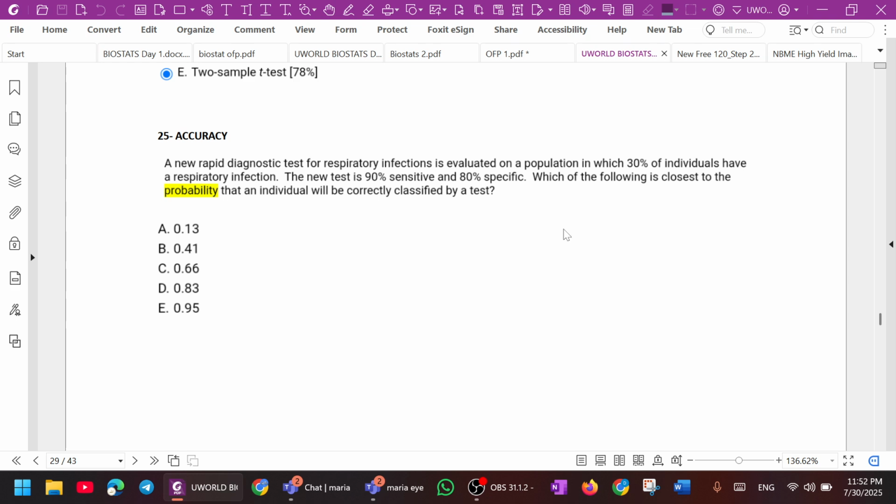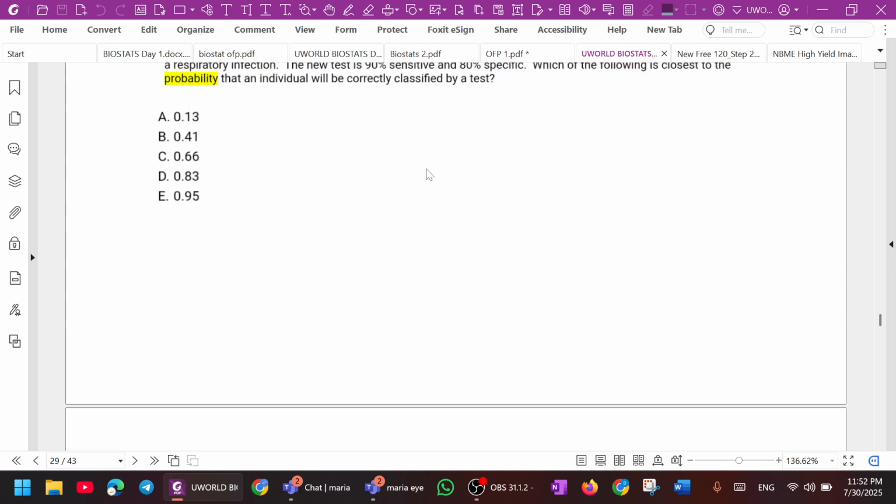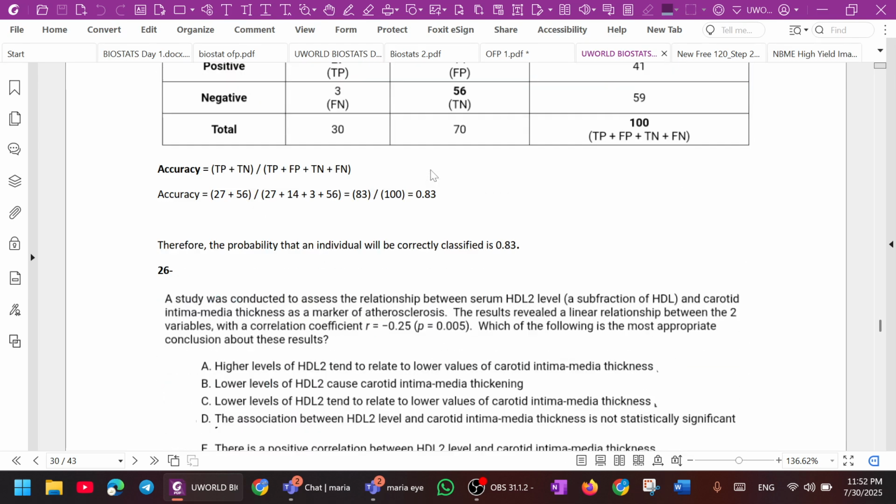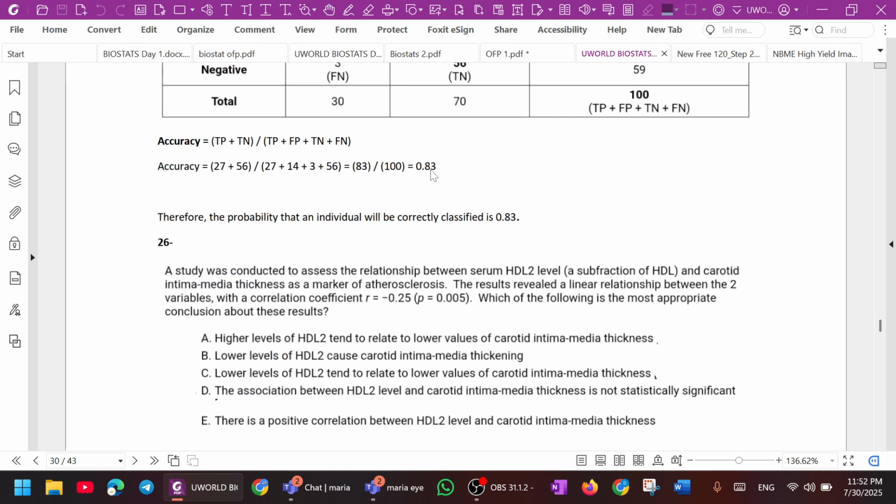Next. A study was conducted to assess the relationship between the serum HDL level, a subfraction of HDL, and carotid intima thickness as a marker of atherosclerosis.